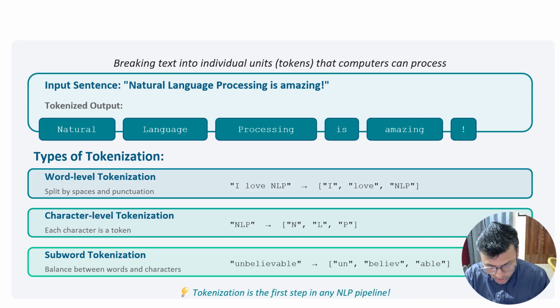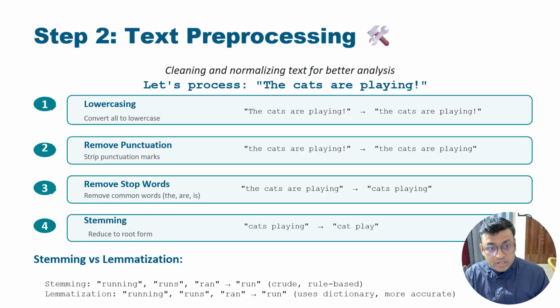Next, go to the next chapter and next process, step 2, text processing. Text processing is very crucial in the sense of cleaning and normalizing text for better analysis. Let's process "the cats are playing".